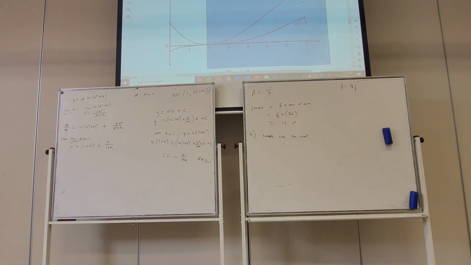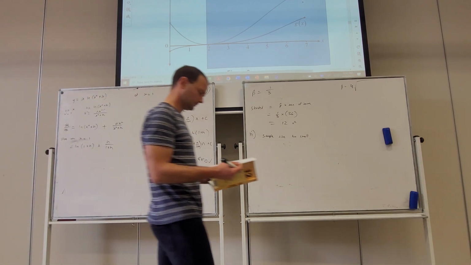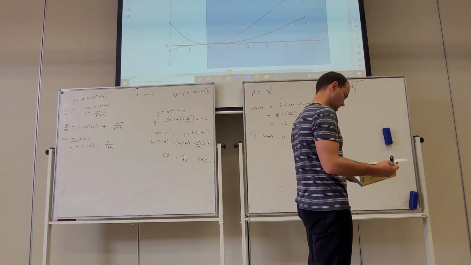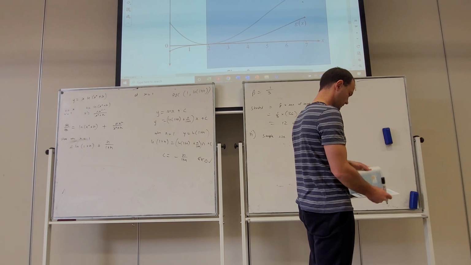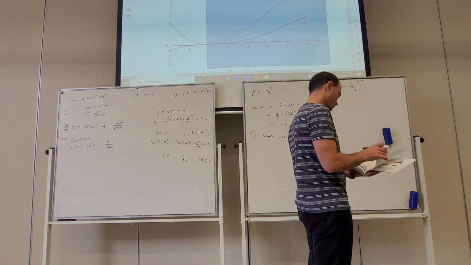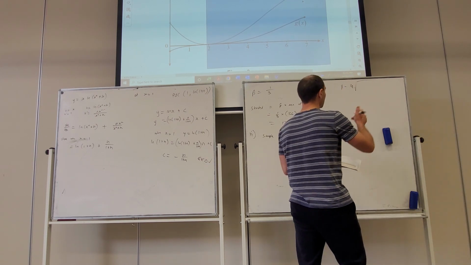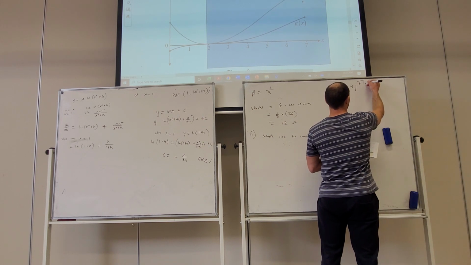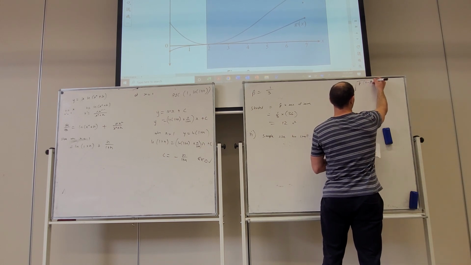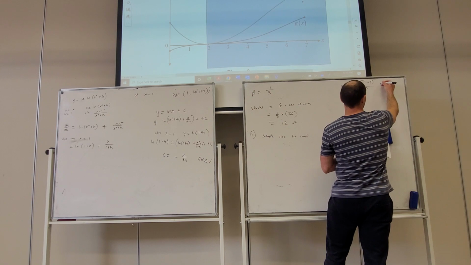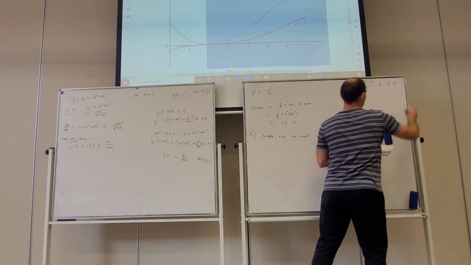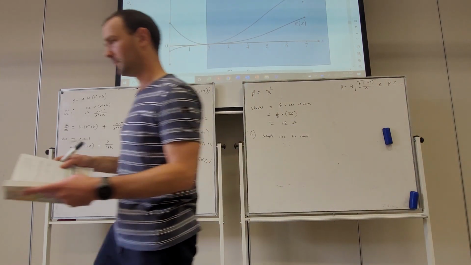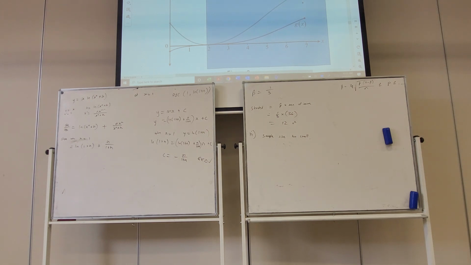Anyone remember? So p hat minus z alpha on 2 times the square root of p hat q hat on n, less than p, less than the same deal. Okay, very good. So we've got 2 boxes to fill in.